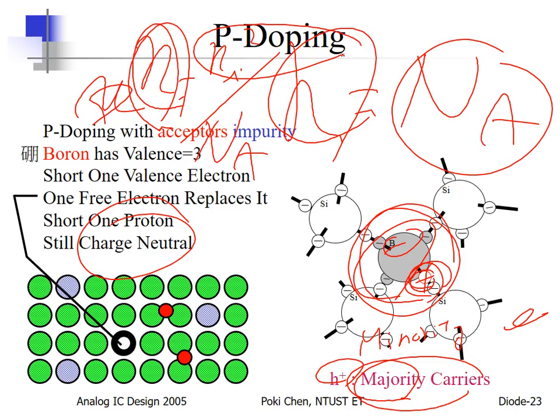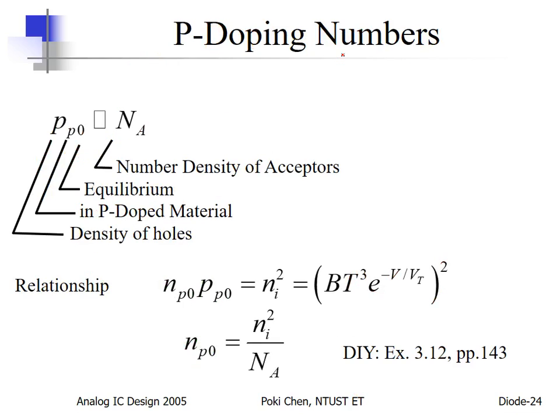On the contrary, in an n-type semiconductor, you have much, much more electrons, so electrons are majority and holes are minority. Keep this in mind.